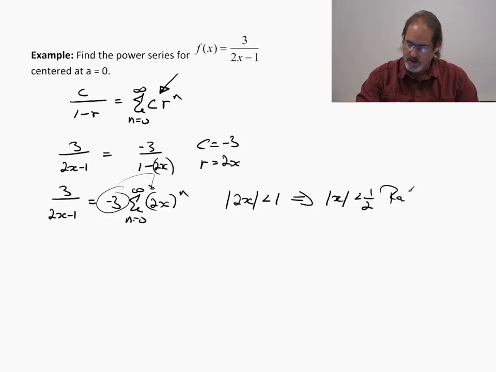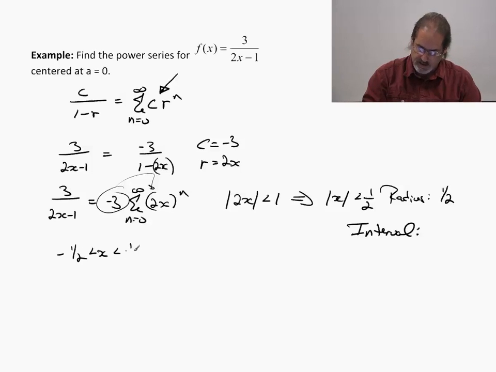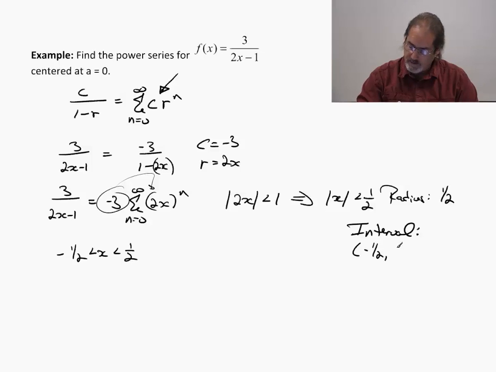So that says that my radius is actually going to be a half. And for my interval, I need to solve, well actually it's already solved, negative 1/2 has to be less than x, which has to be less than a half. That tells me that my interval is going to be negative 1/2 to 1/2.